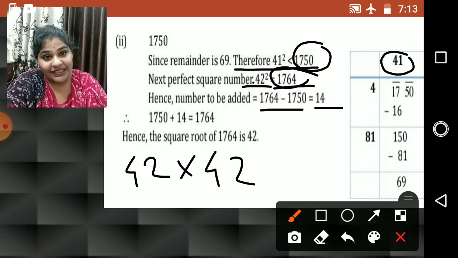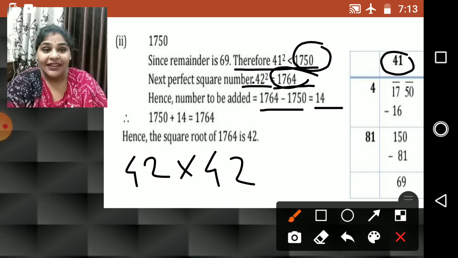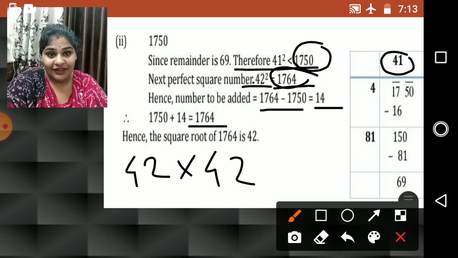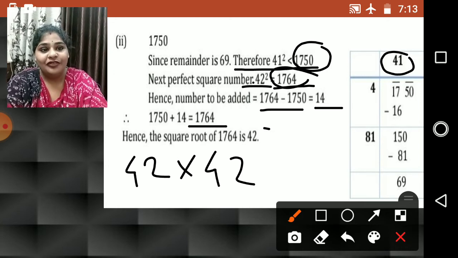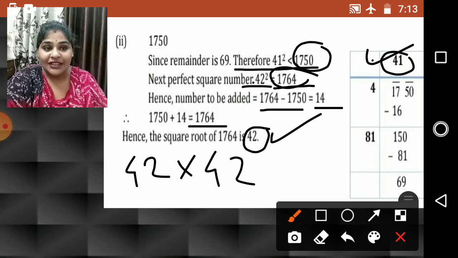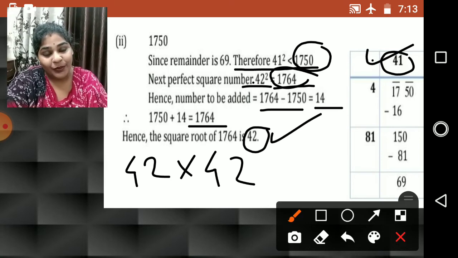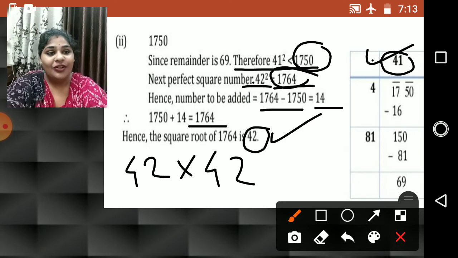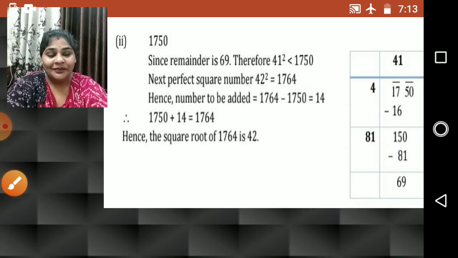So 14 is the number which you have to add to the given number to get a perfect square. After adding 14 you will get 1764, and we know it is the square of 42. That is, after 41 we have found the next number's square, that is 42 square. So this is how you are going to solve.